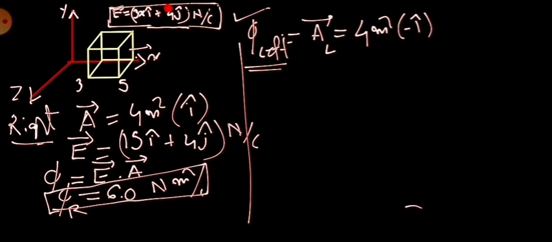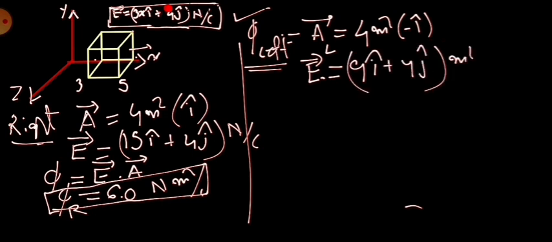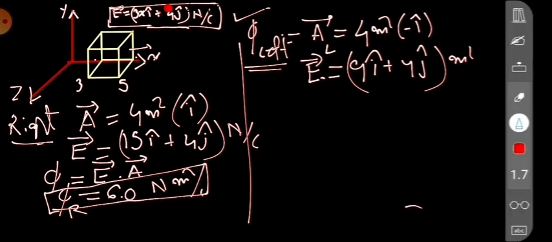No, because although the direction is opposite, the electric field value is different, since it depends upon the x coordinate. On the left surface, every point has x coordinate 3. So the electric field at every point on the left surface is 9 i cap plus 4 j cap Newton per coulomb.